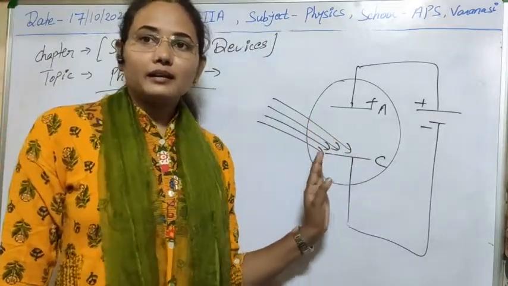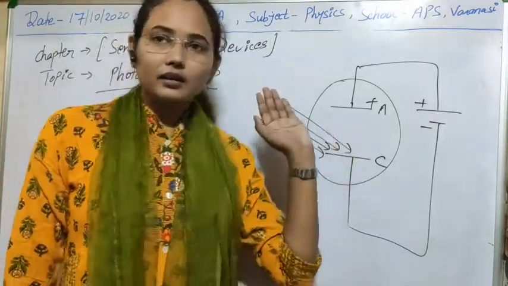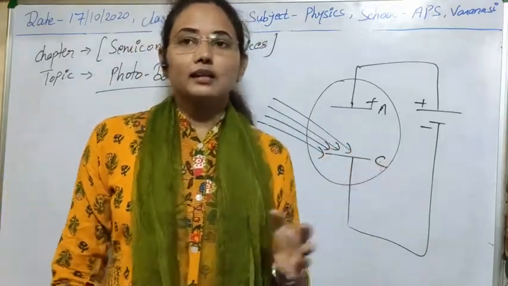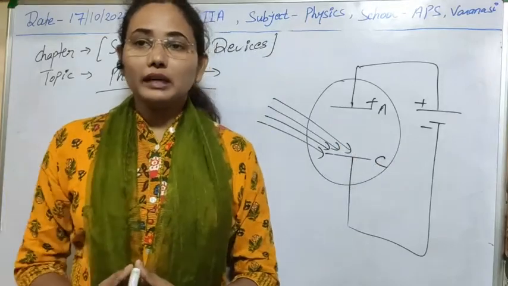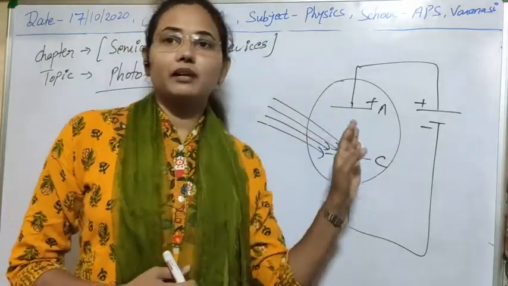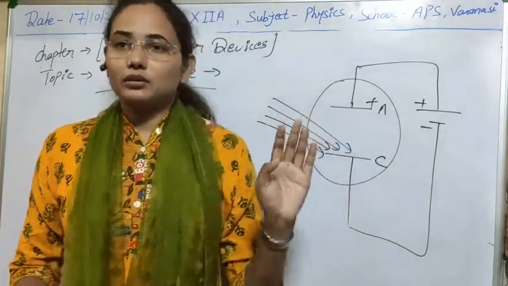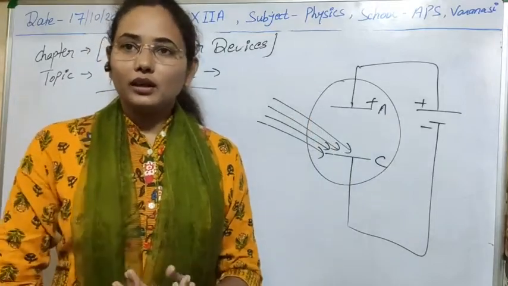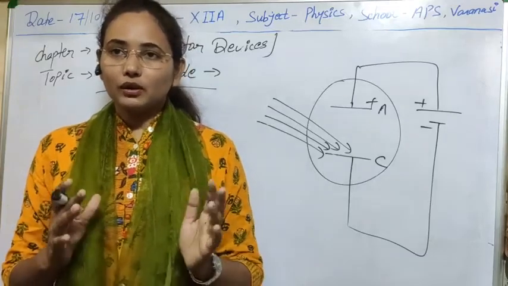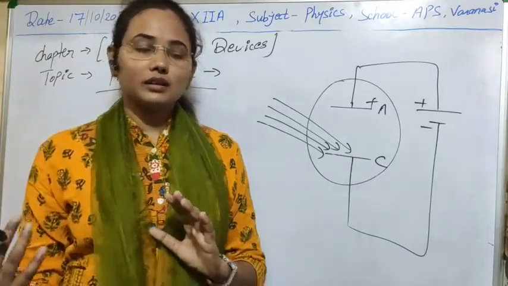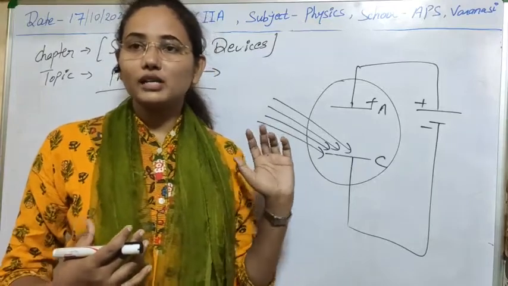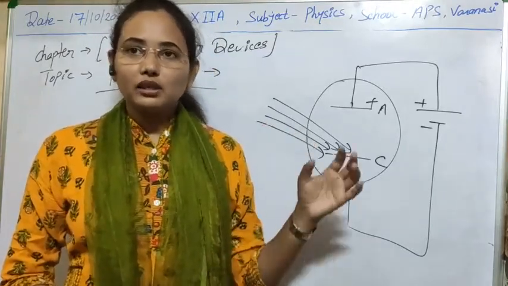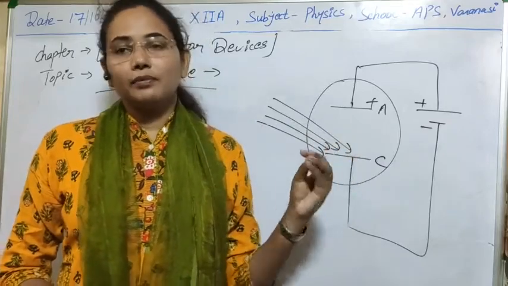The drawback is that after incidence of continuous light on this metal plate, it gets heated, and due to the heating effect the whole chamber gets heated. As in the case of the diode bulb, we always had a heating problem. So to replace that we constructed a new type of device, which is known as the diode. So in the same manner we can use the photodiode in place of the photocell.